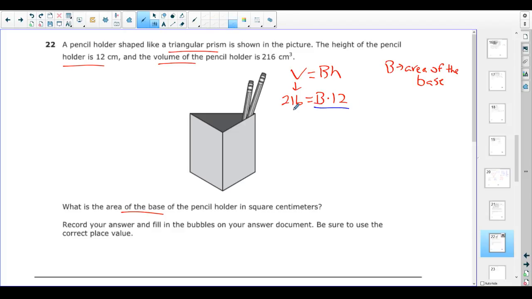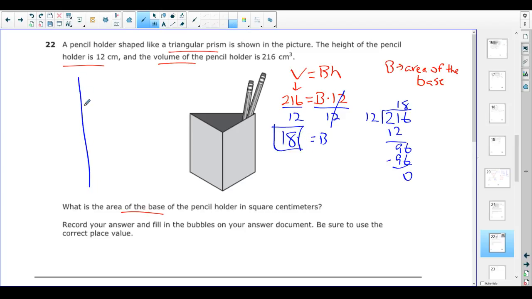To get B by itself, we divide both sides by 12. This will cancel out, getting B all by itself, and then we just need to know what is 216 divided by 12. Okay. And that's it. Our whole answer is just 18.